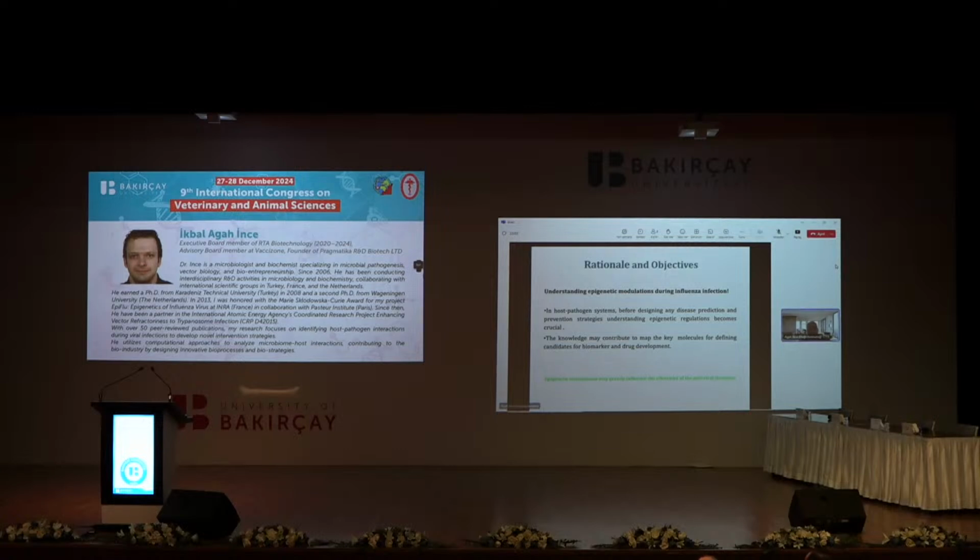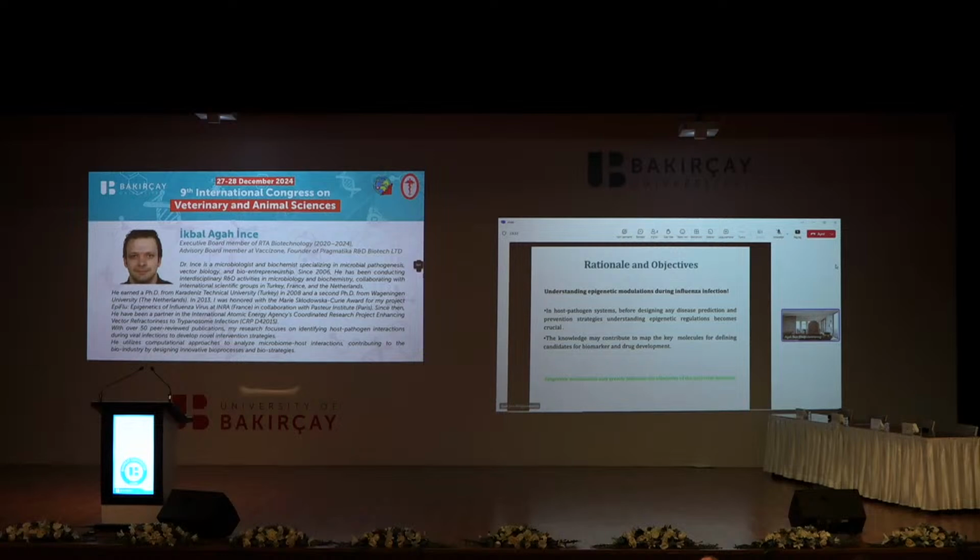But we also suffer from it as the public, because we have to use old-fashioned vaccines, and we don't know what effect they have on our body. Actually, this knowledge may contribute to key molecules defining biomarkers and drug development candidates.